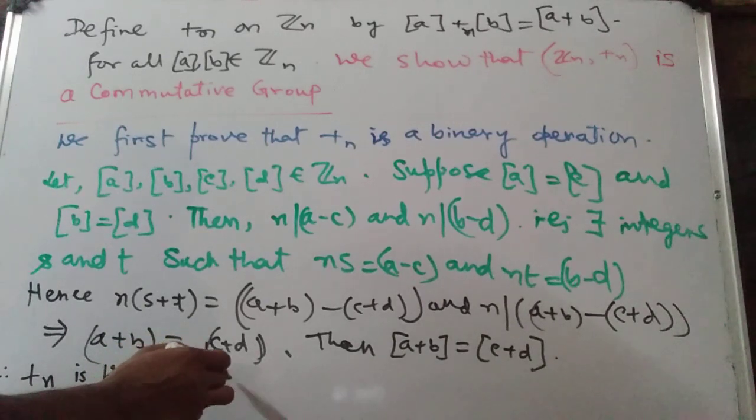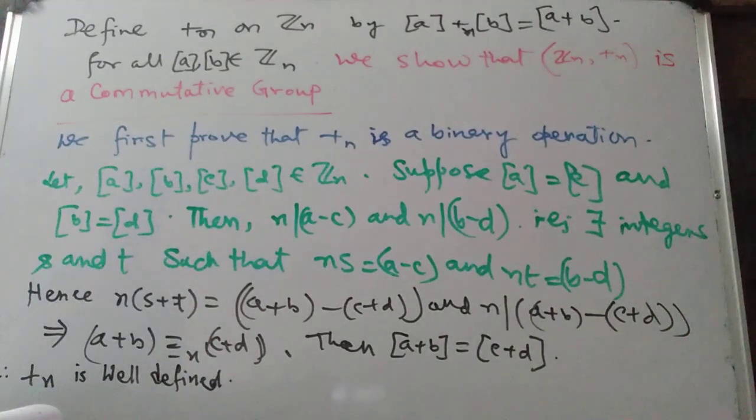Understood? Not a problem at all. Now we are going to discuss further. We now erase that portion and discuss that plus with respect to modulo n is well defined.